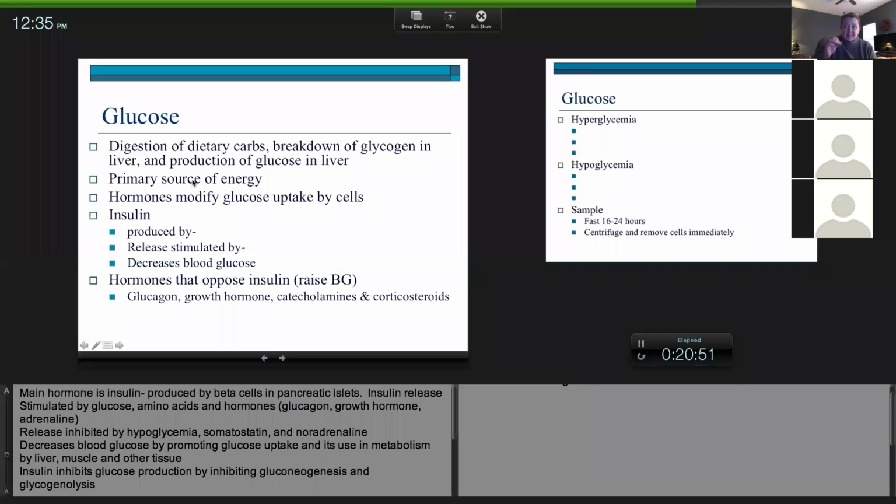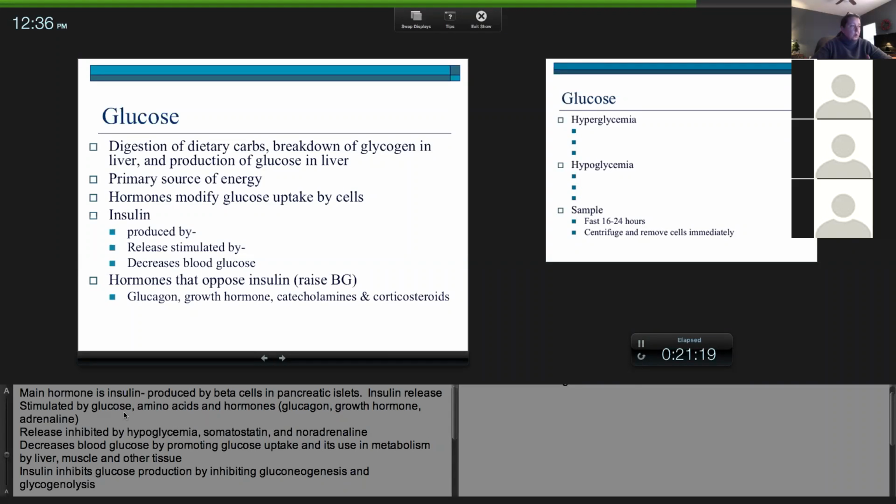Now, to access glucose, they need a hormone to take glucose from the blood and put it into the cells to access it for energy. And that is going to be insulin. So insulin is the primary hormone, and it is produced by the beta cells in the endocrine pancreas. So insulin comes from the endocrine pancreas.